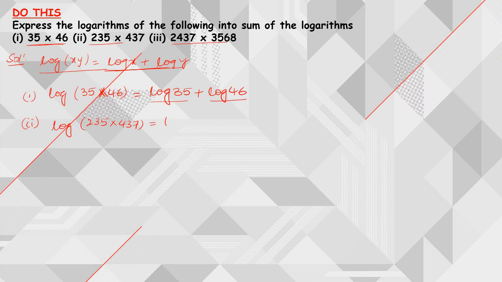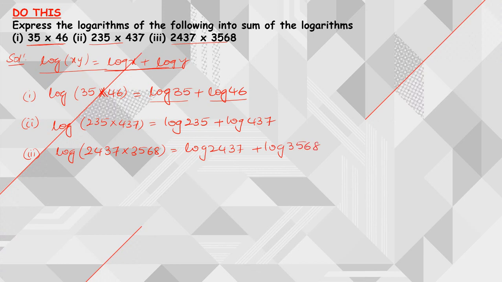The same way, log of 235 into 437, I can write as log of 235 plus log of 437. The third one we can do in the same way: log of 2437 into 3568, we can write as log of 2437 plus log of 3568.